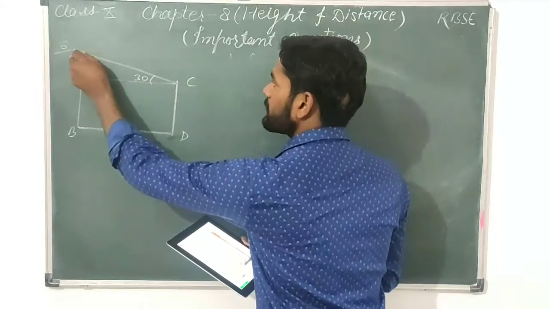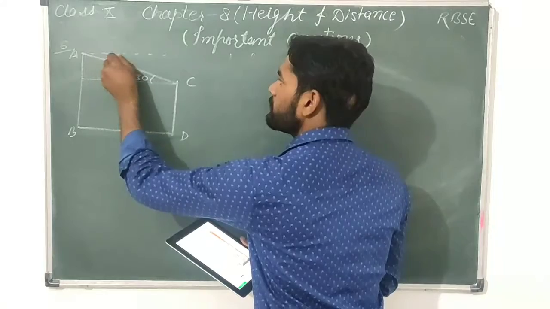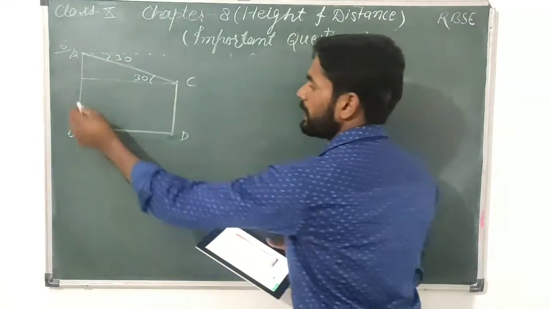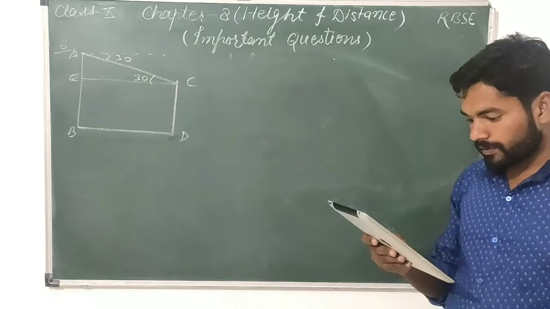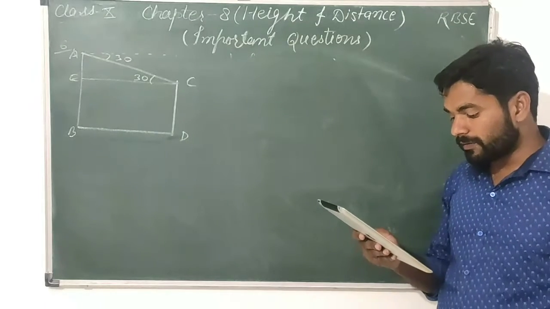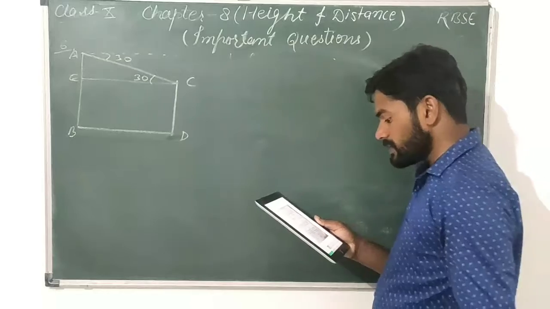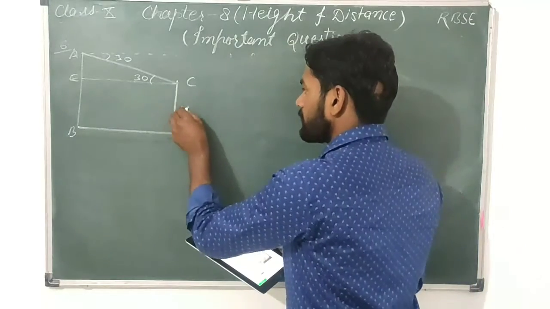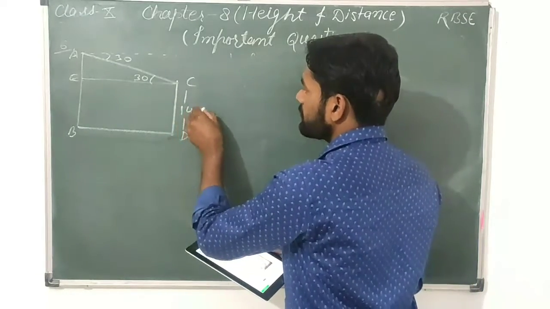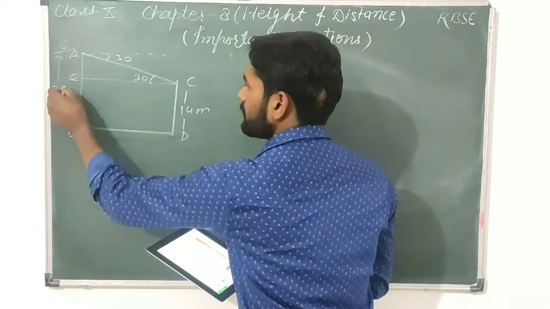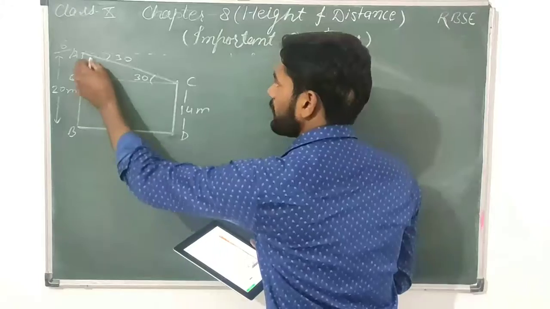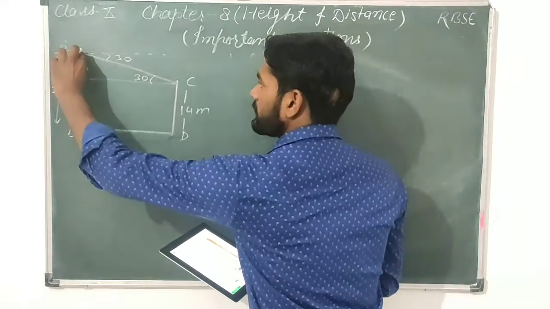So you can consider this also, this is also possible. And assume this is the point E. Then what is the length of the wire, given the values? The smaller tower is 14 meters and the larger one is 20 meters. We have to calculate the length of the wire, so it can be calculated.